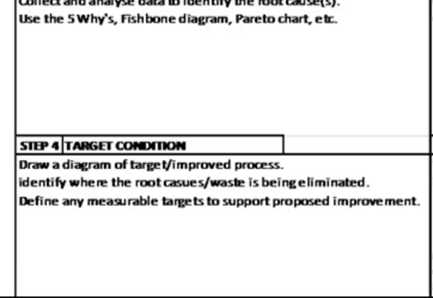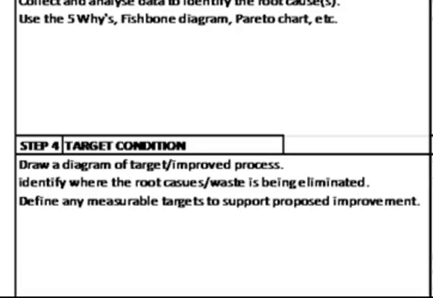And then once you've identified that target condition or the goal that you're aiming for, you would create a diagram, a value stream map, a future state map, for instance, or a flow chart, or some other kind of layout diagram. In that diagram, you would identify where you have eliminated the root causes of the waste or the problem.